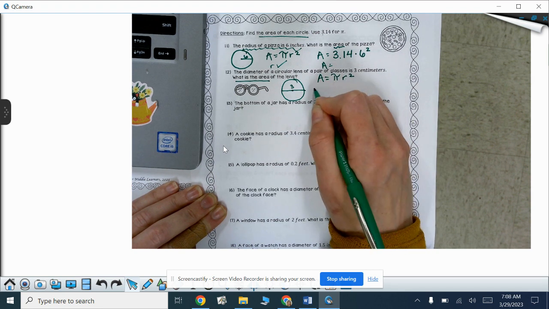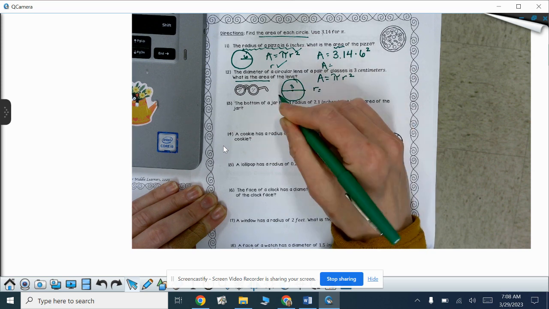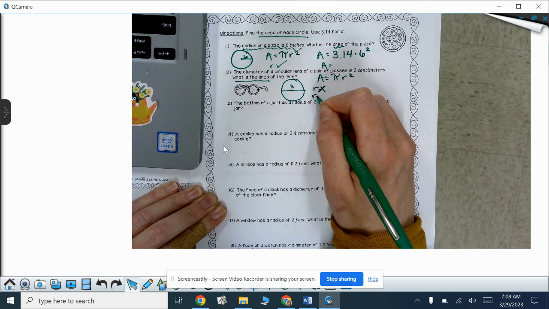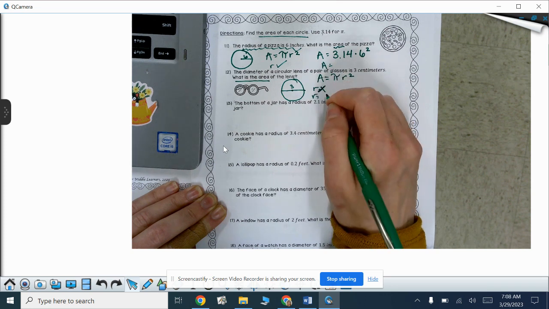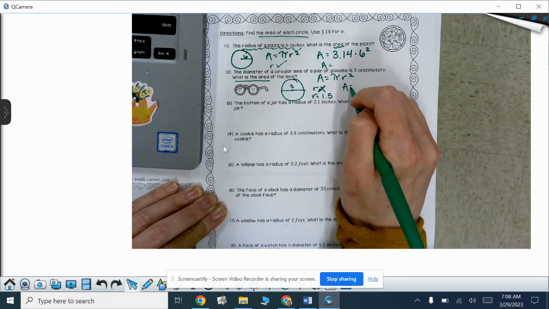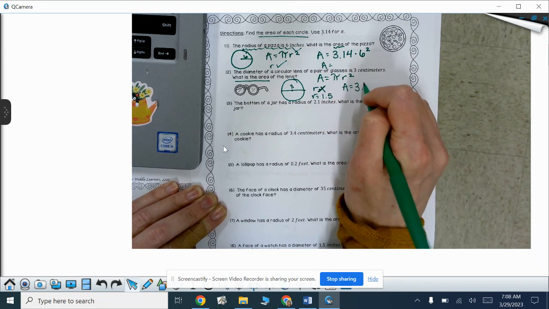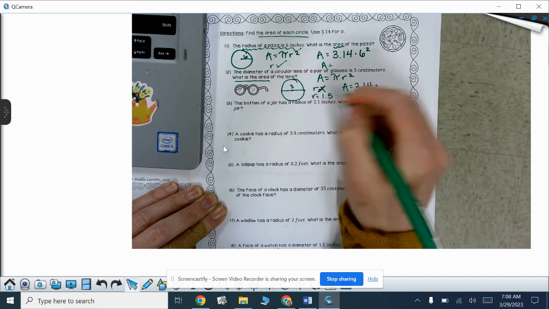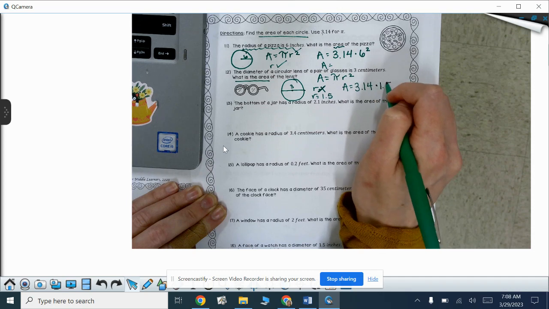Do I have my radius? Let's do my radius check. No! So I need my radius. My radius is going to be the diameter divided by 2, which is 1.5. So I'm going to get my area by doing 3.14 times my radius, not the diameter, 1.5 squared.